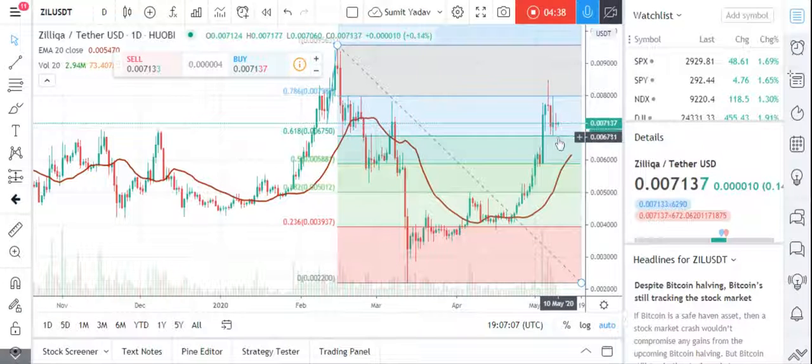In case it breaks, like if Bitcoin becomes volatile and moves up and down, because Bitcoin dominance is very high right now, it is more likely that altcoins will bleed. If they bleed, then it is most likely that Zilliqa will lose that 0.618 support, and it will fall till, you know, here 0.382. Why not 0.5?